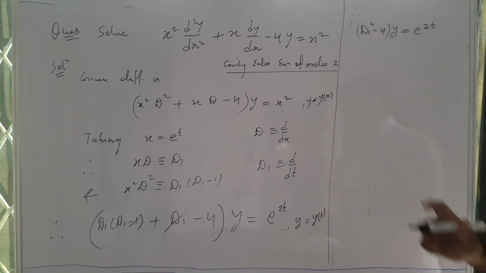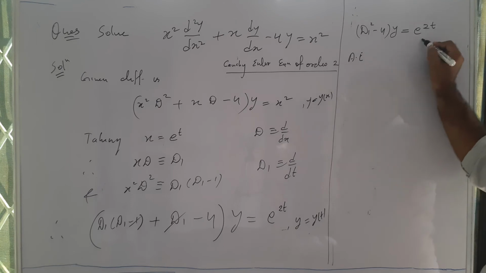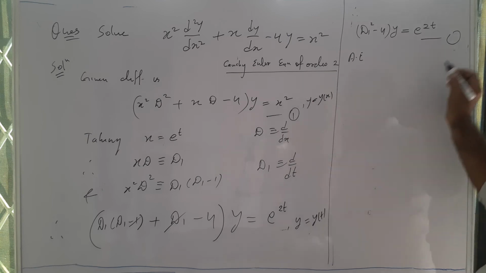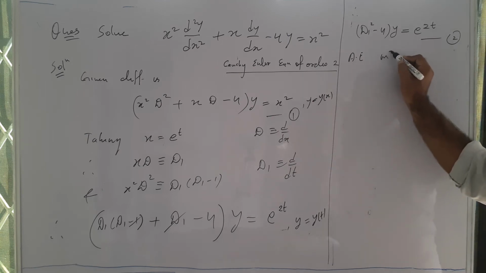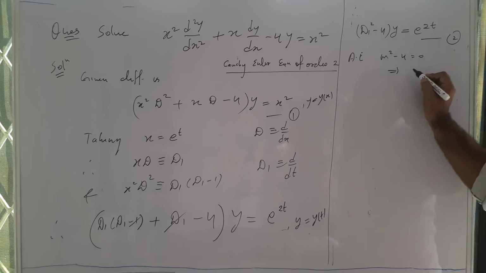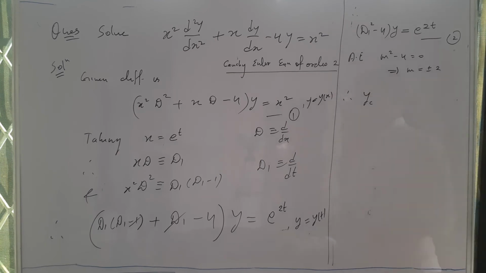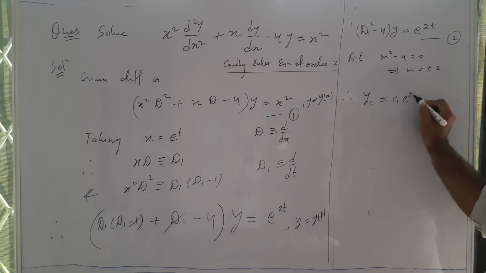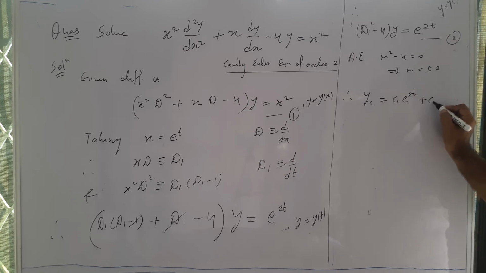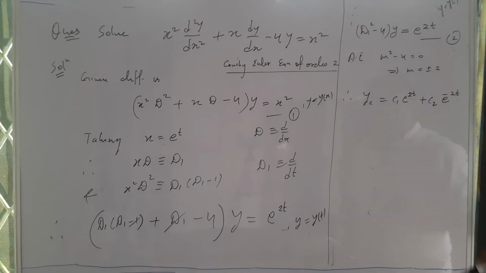Suppose this is equation number 1 and this is equation number 2. To solve the constant coefficient equation, we first find the auxiliary equation: m squared minus 4 is equal to 0, which implies m is plus or minus 2. Therefore the complementary function is c1 e to the power 2t, because this differential equation is in t, so the independent variable is t, plus c2 e to the power minus 2t.